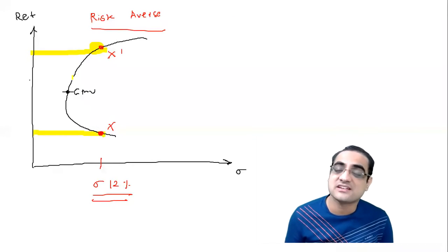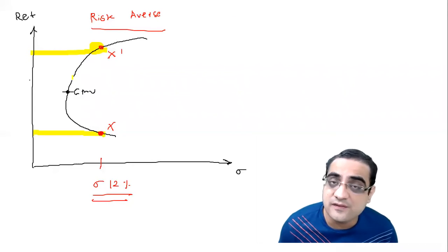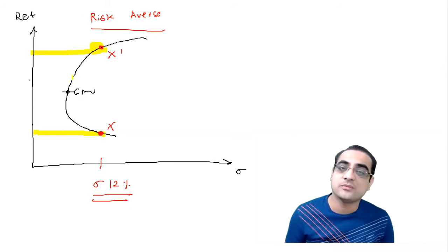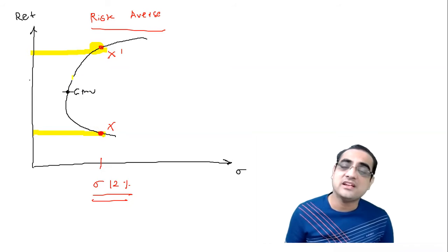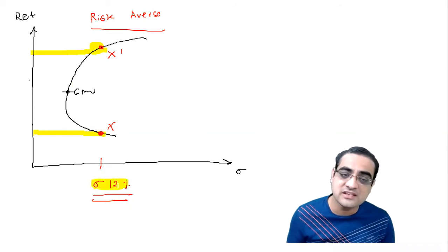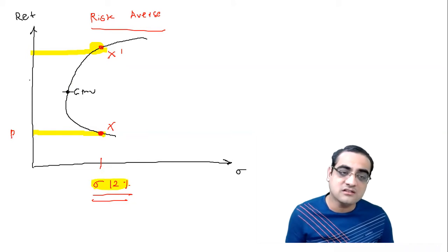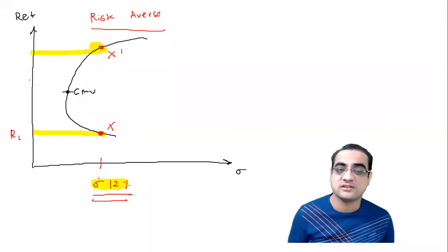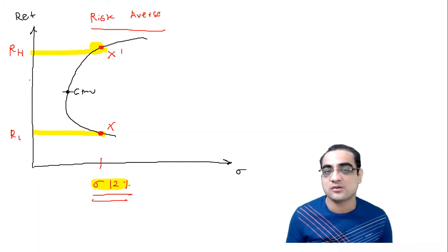So X is considered to be an inefficient portfolio, and X dash is considered to be an efficient portfolio. I repeat, X is considered inefficient because for the same risk it is offering lower return, and X dash is considered efficient because for the same risk it is offering higher return. An investor would obviously want a higher return over a lower return.